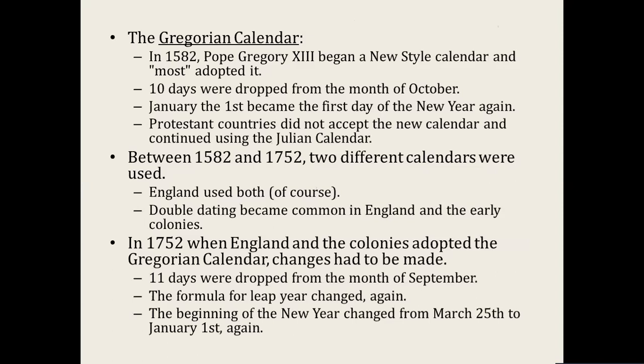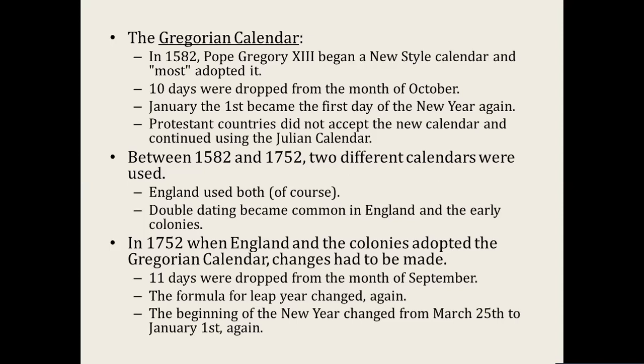January the 1st, once again, became the first day of the new year. And Protestant countries did not accept the new calendar, and they continued using the Julian calendar. So in other words, during this time, you have two different sets of dates going on between 1582 and 1752.